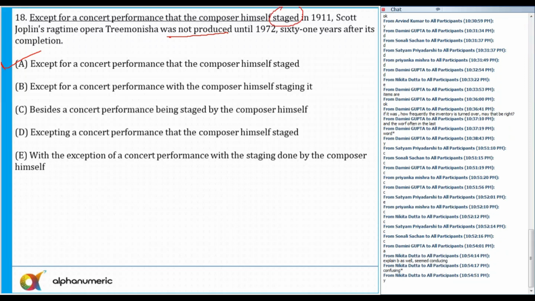Over here you have used "staged," so over here you have "produced." If you are using "staging," then you will have to use "producing." Both will have to be parallel. That is why B is not right. So for question 18, the answer is A, there is no error.